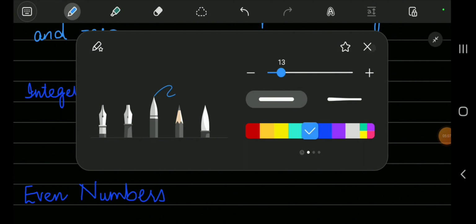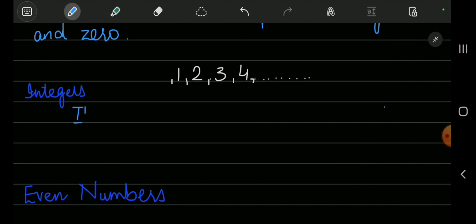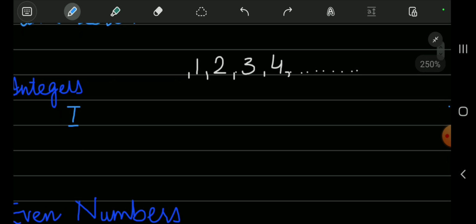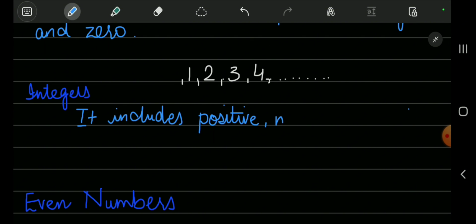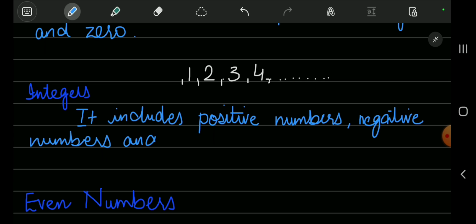Writing the definition, integers are the numbers which include positive numbers, negative numbers and 0.